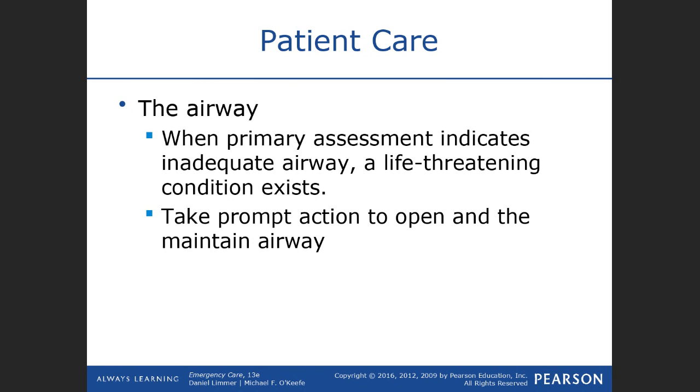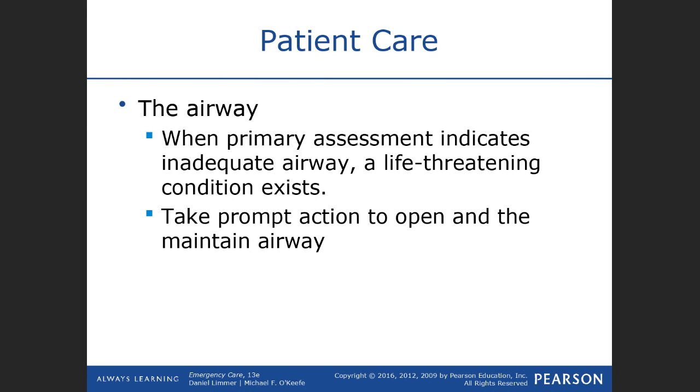If your patient is unresponsive, it means that there is an airway issue, because once your patient goes unresponsive, the muscles that control the tongue will relax and obstruct the airway.